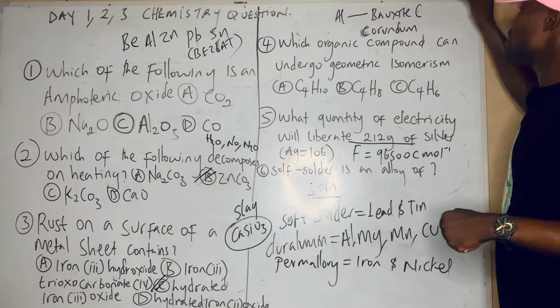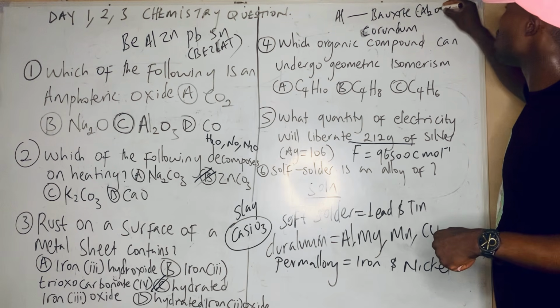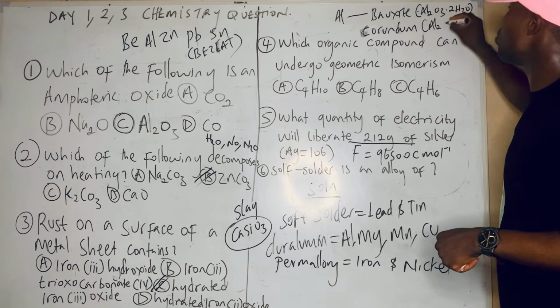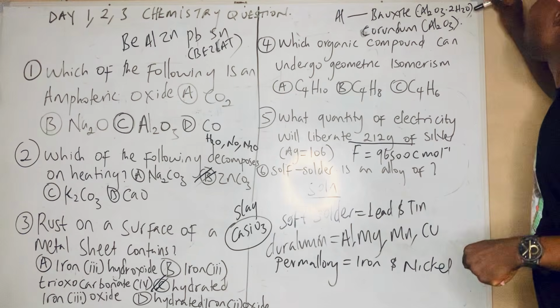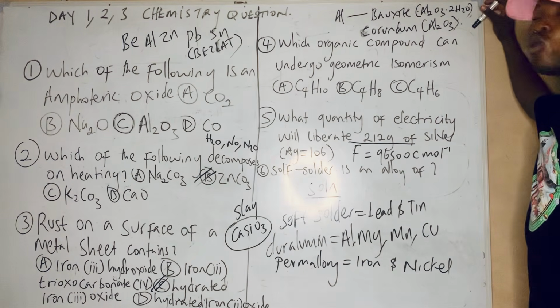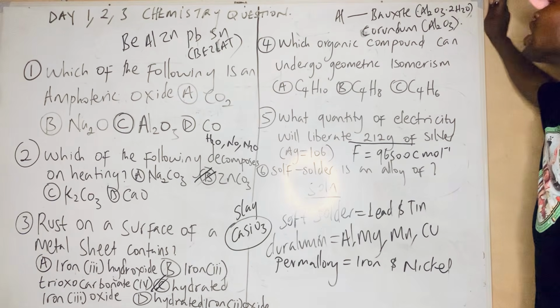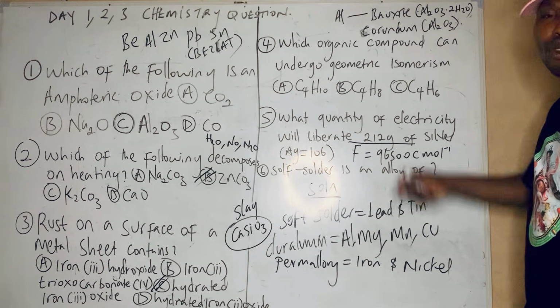The difference is that bauxite is Al2O3.2H2O, while corundum is Al2O3. So this is the difference between bauxite and corundum. They are both aluminium oxide.